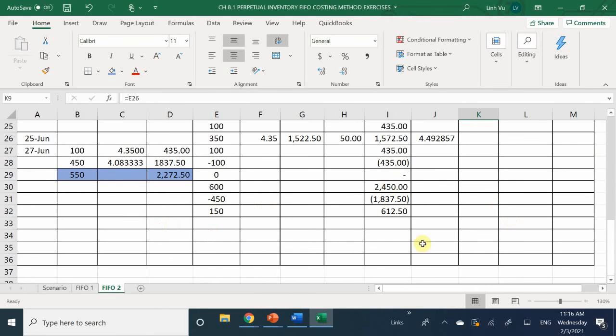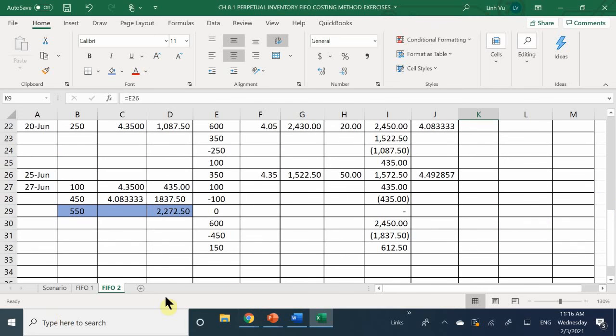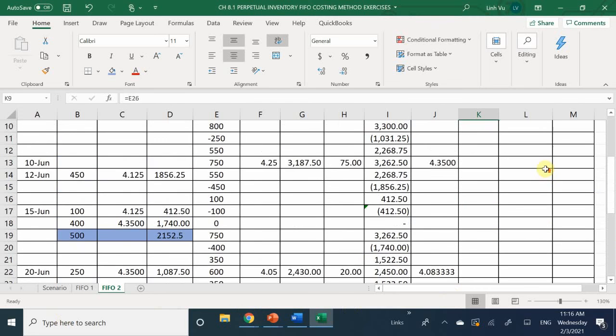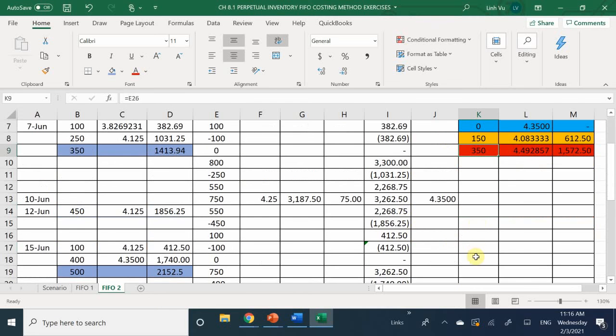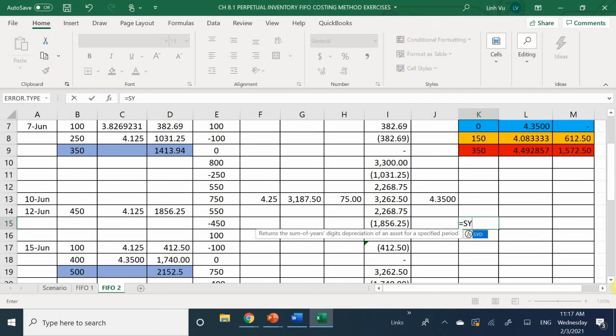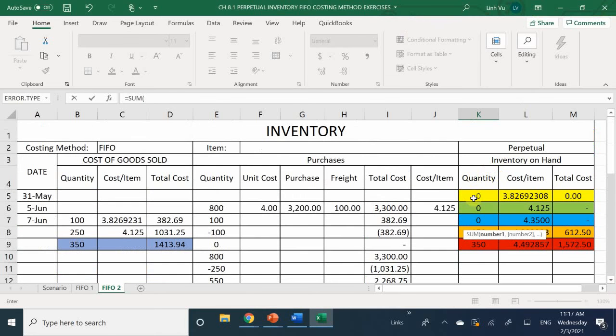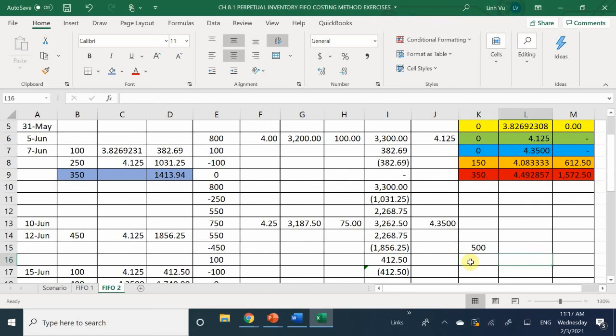And because now we've completed everything, I'm going to go ahead and total up my values right here. So I'm not going to go all the way down to the bottom, but I'm going to go right here so I can go ahead and verify that my ending balance is indeed going to be the 500 units on hand.